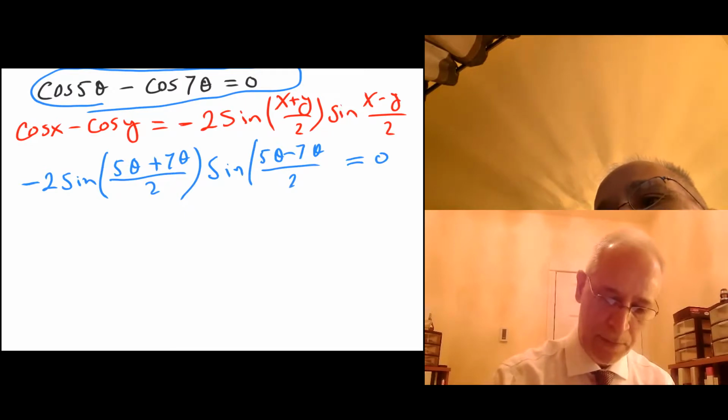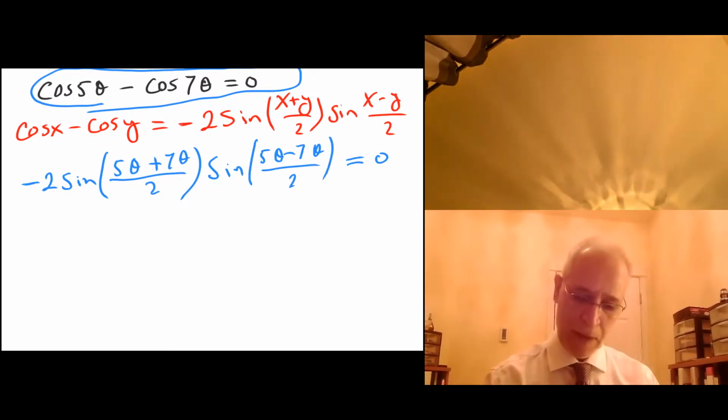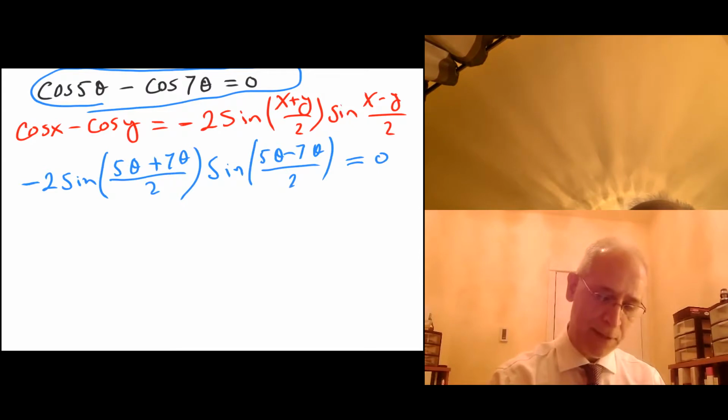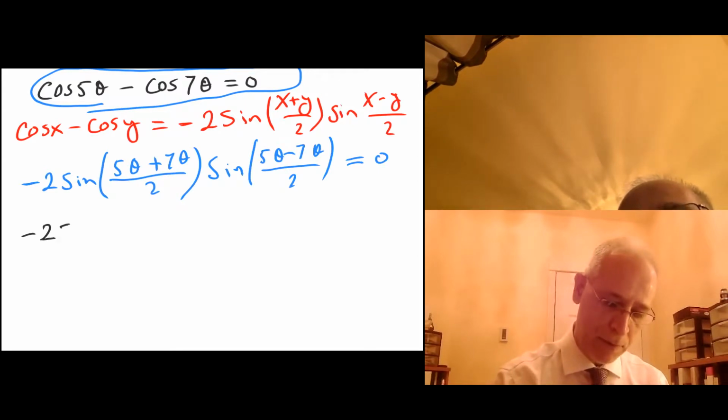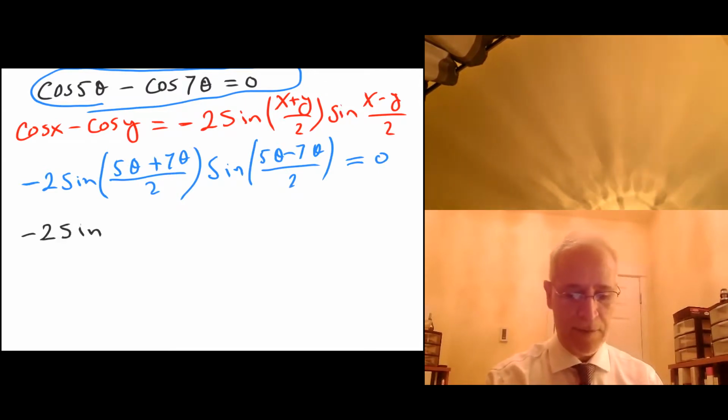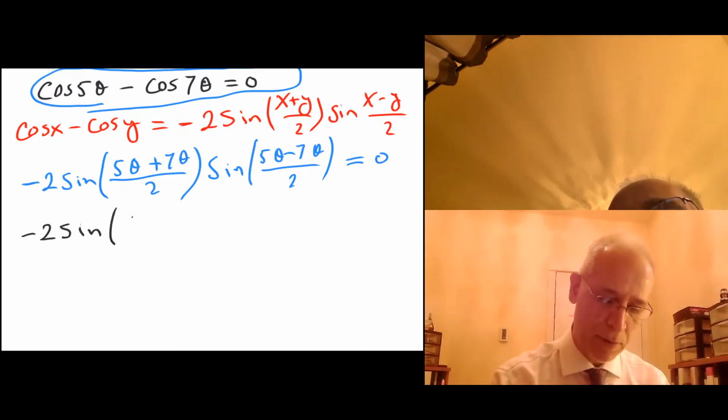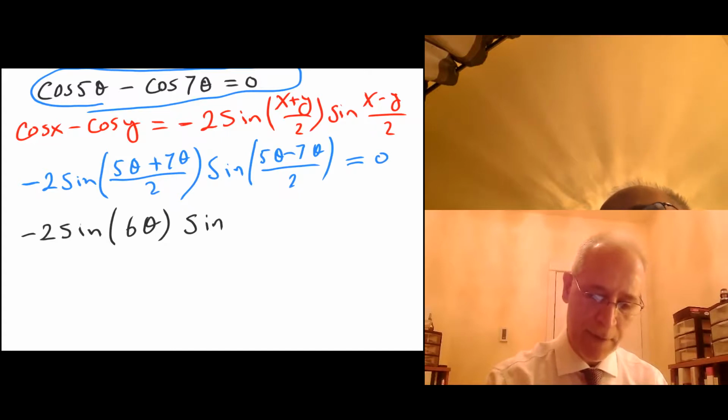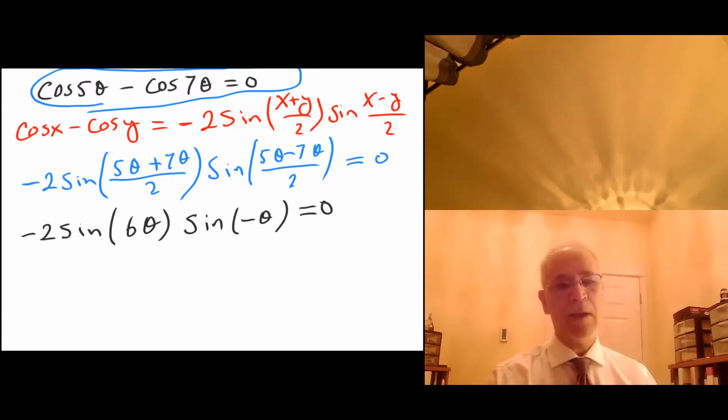Sorry, my iPad is giving me a hard time. On the left-hand side, I have minus 2 sine of 12 theta divided by 2, which is 6 theta, times sine of negative theta equals 0. I know sine is an odd function. Sine of negative theta is the same as minus sine of theta.